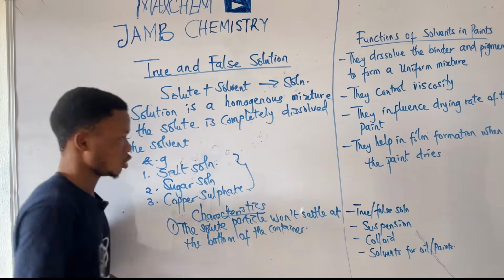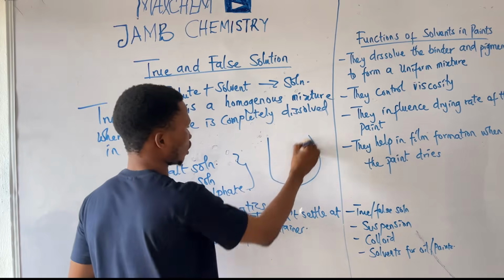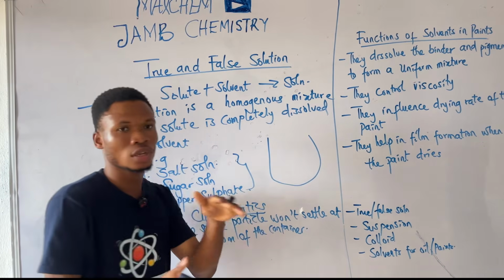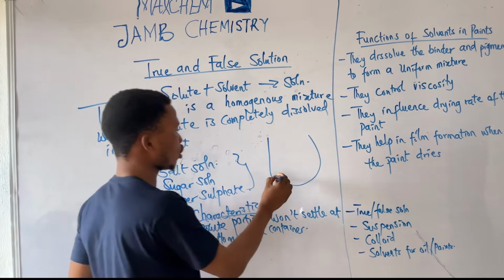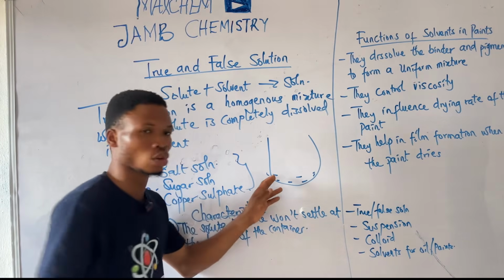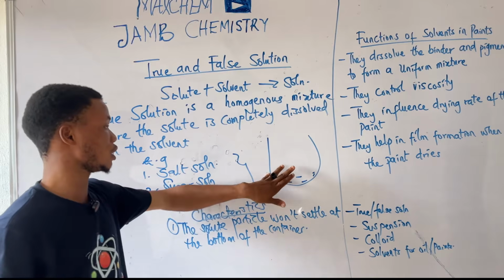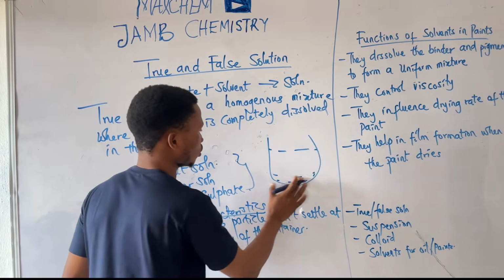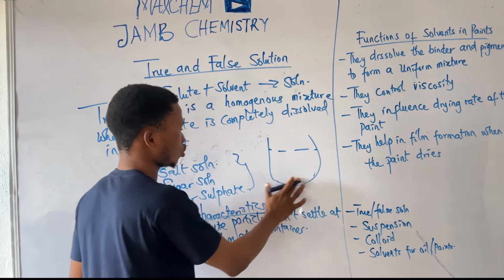So when you have the mixture of salt and water, after you've mixed it, if you let it rest, you are not going to find salt particles at the bottom of the water. So that shows that it is a true solution.